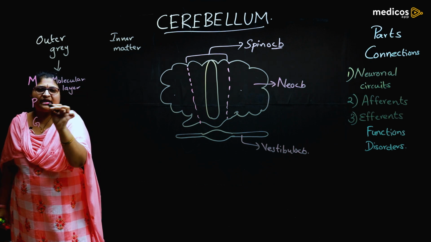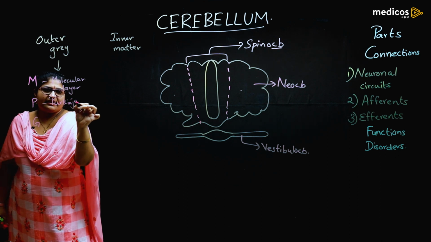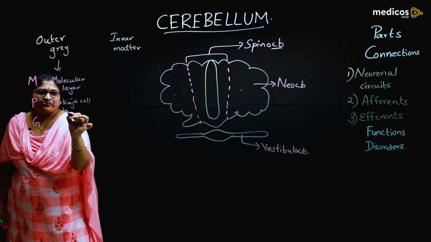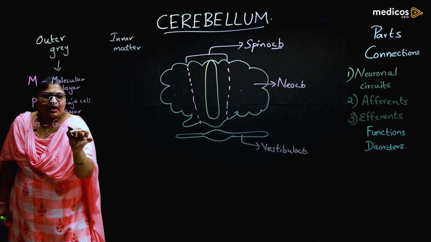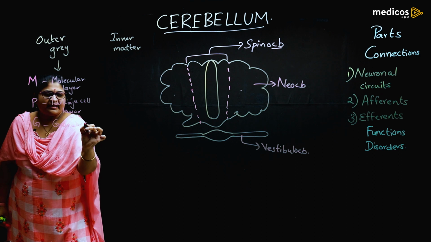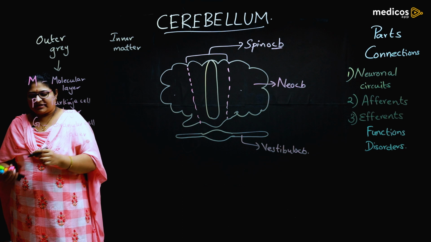And second thing is the Purkinje cell layer. And third one is granular cell layer. So in these layers, these type of cells are present.